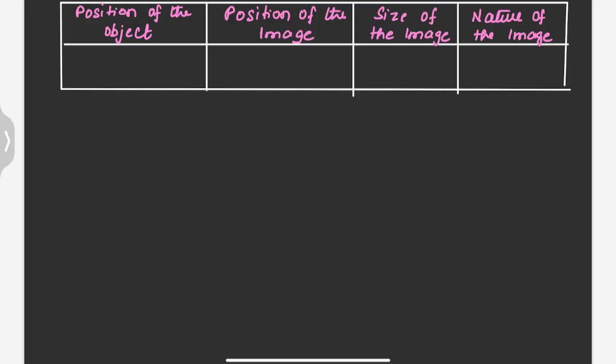Now let us draw the second ray diagram for the convex mirror. So draw the convex mirror first. So this is the convex mirror. Convex mirror we have drawn, and then draw the principal axis, a straight line at the center.